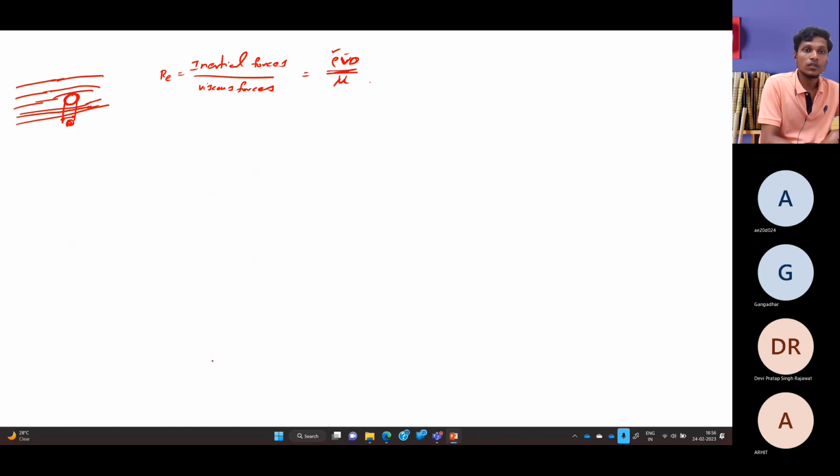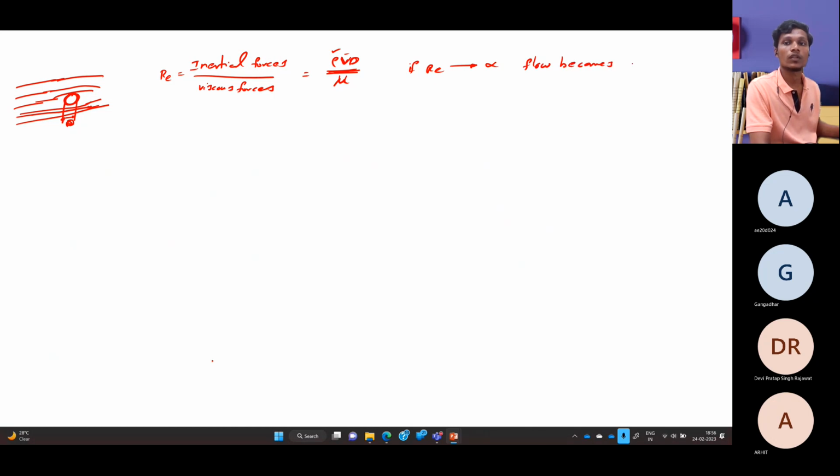The Reynolds number is the key parameter that decides what will be your flow structure: it can be laminar, transition, turbulence. Those things we will see in later sessions, but it is a very important parameter. This also says that if Reynolds number tends to infinity, flow becomes inviscid.